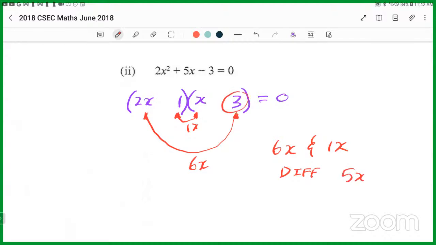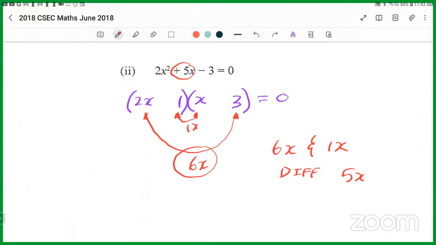So I know that these values are positioned the right way. Now it's just a matter of what sign goes inside here, plus or minus. Since my middle term is positive, the larger of my two products must have the same sign as the middle term.